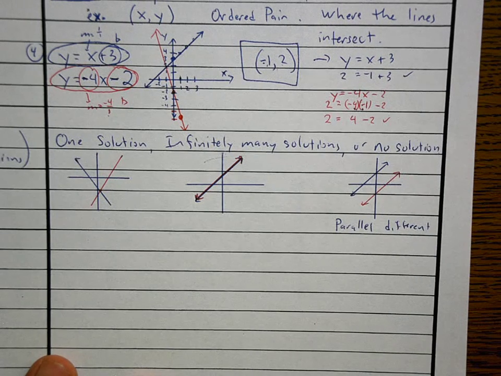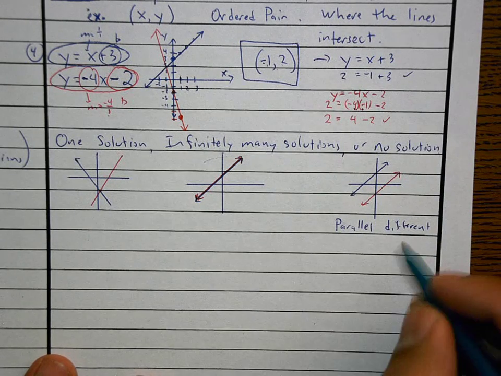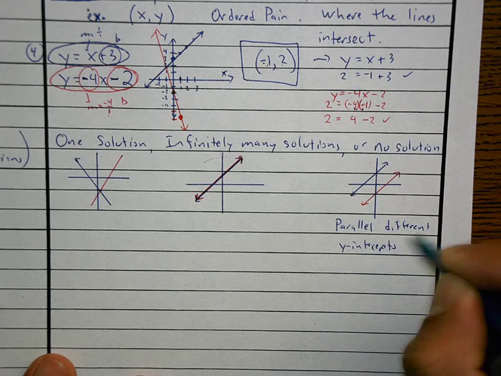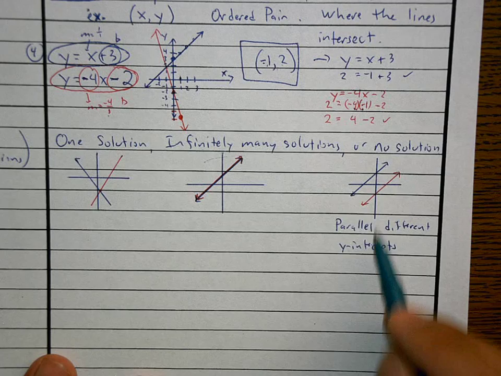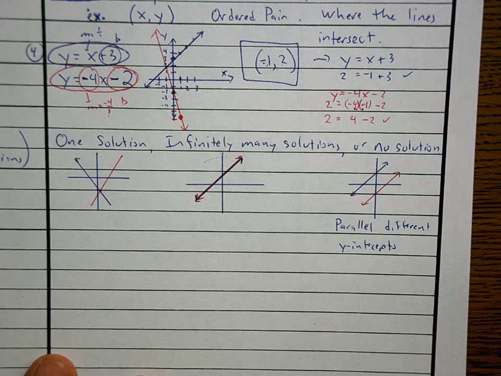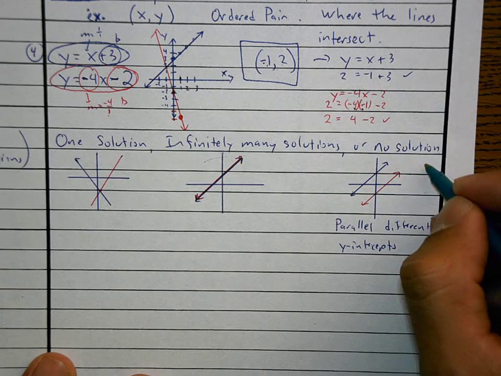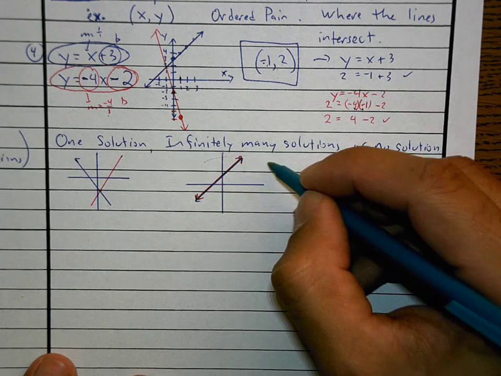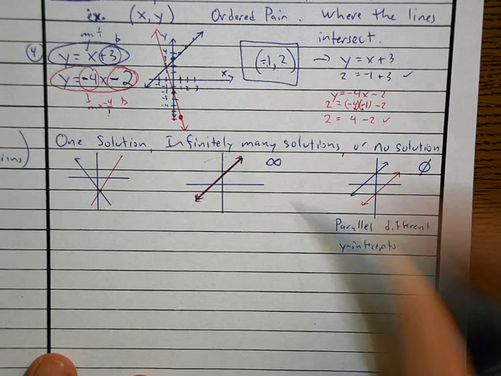If they're parallel and have different y-intercepts, parallel, different y-intercepts, it is no solution. There's a symbol for no solution if you want. It looks like this. You can use this if you would like for no solution. Infinitely many solutions, there's a symbol for that. Looks like this.